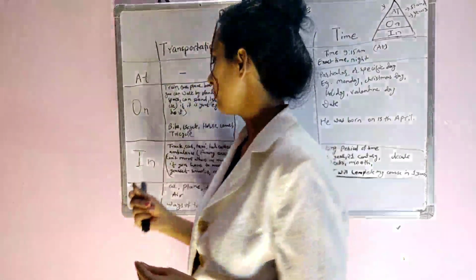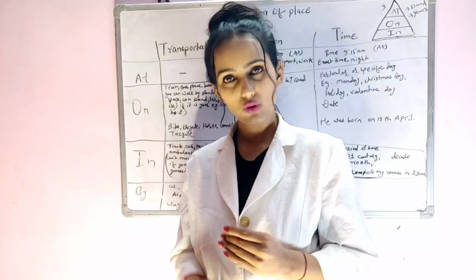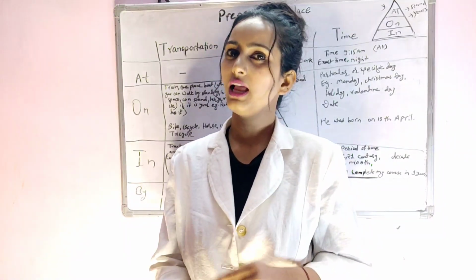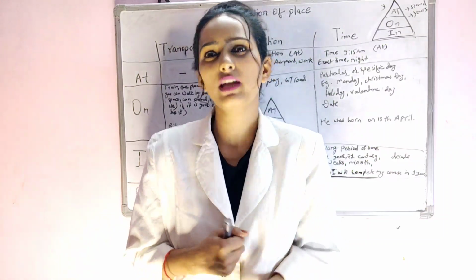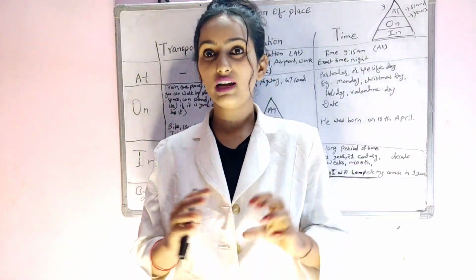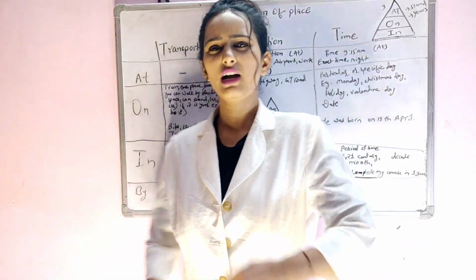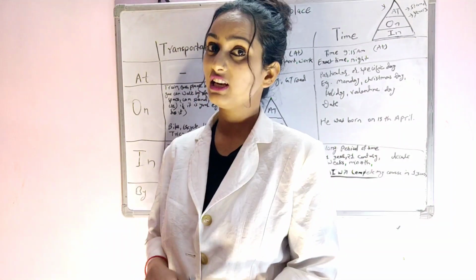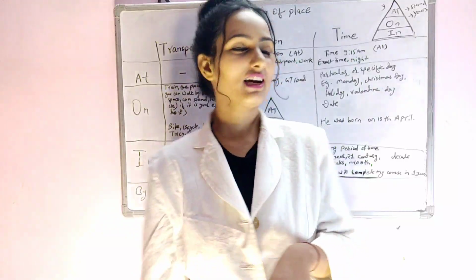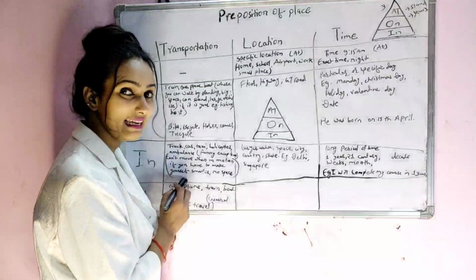So we have to use "in" if the vehicle belongs to us, if it is personal, and if in that vehicle we have to make ourselves smaller, if you cannot stand there straight, if you cannot move properly while that vehicle is in motion.